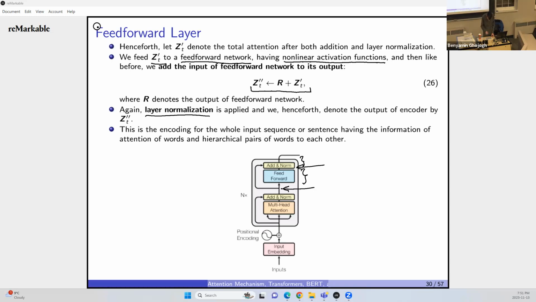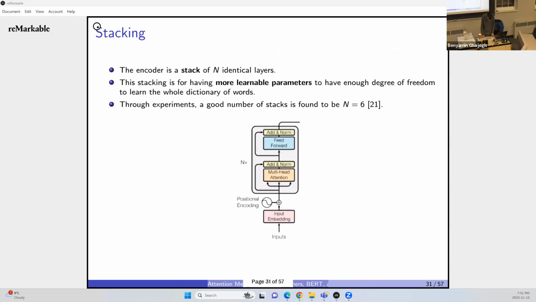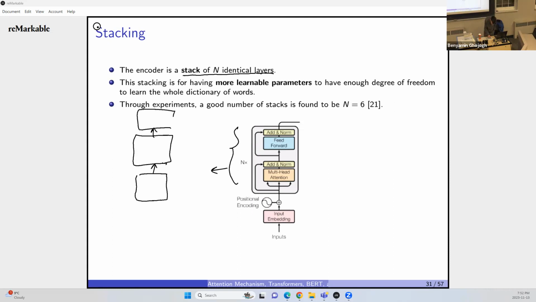So where are we now? We are here now at the end. So we talked about everything in the encoder, and then they stack it n times. Stack n identical layers. What do I mean? Do you see these? They feed it again to this, and again to this, n times.